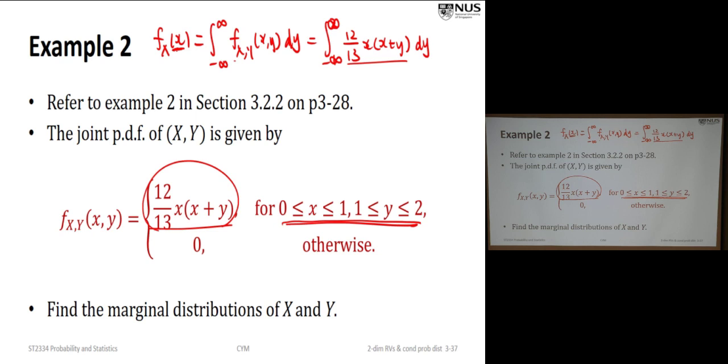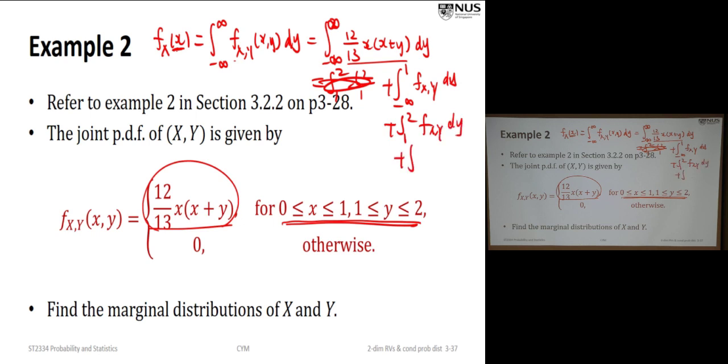Okay. So integrate from 1 to 2. In fact, I break it into 3 integrations. Minus infinity to 1, the joint PDF. And then the next one is 1 to 2, the joint PDF. And then from 2 to infinity, the joint PDF. What's the joint PDF here?